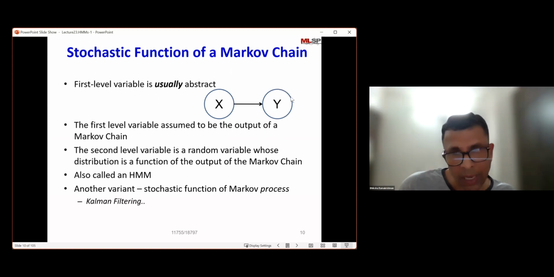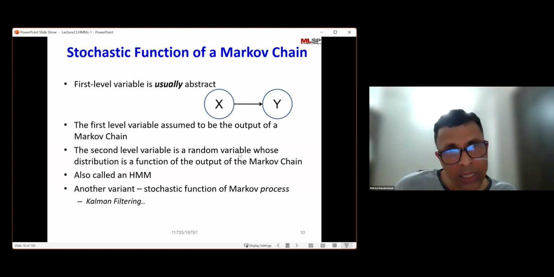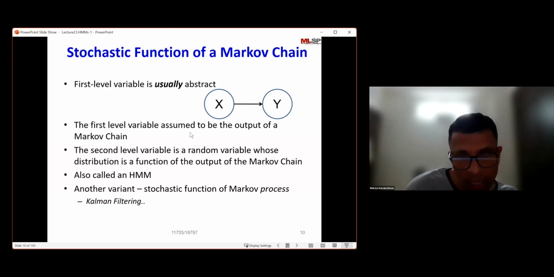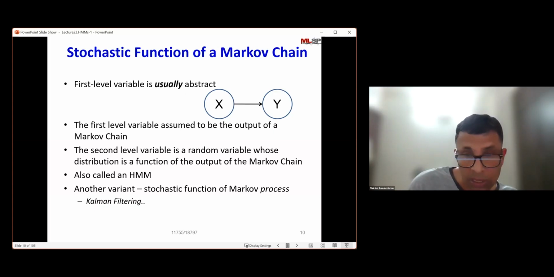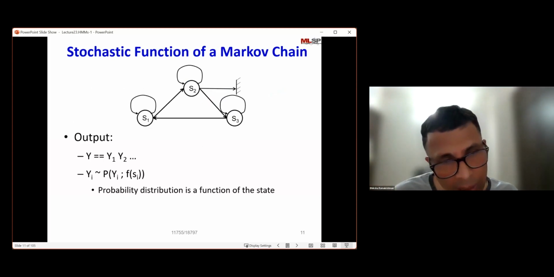What you will observe are the y's, which are stochastic functions of the Markov chain. And there's also an alternate name for it. These are hidden Markov models, but originally these were called stochastic functions of Markov chains or stochastic functions of Markov processes. So that's just a high-level abstraction, a concept of what we're going to be talking about.